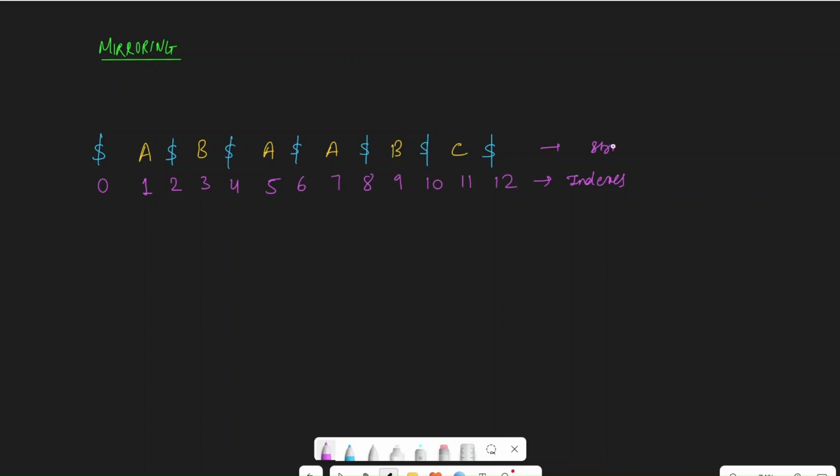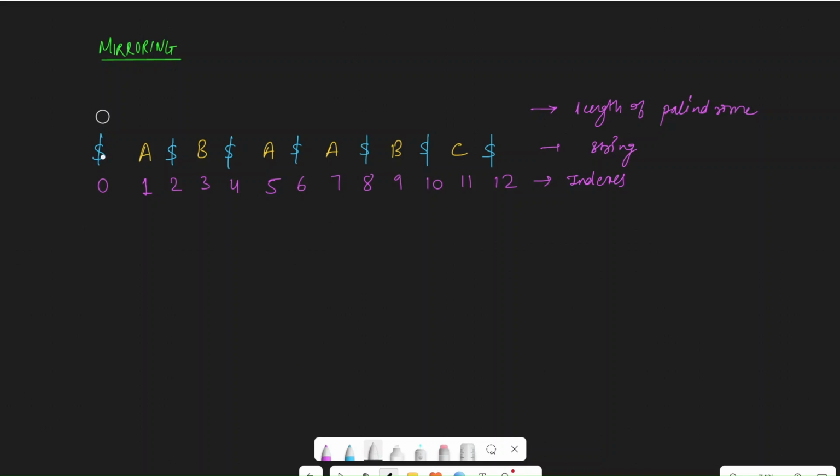This is my string, and here I will add the length of palindrome at this point, whatever length of palindrome is at each of these indexes. Now with expansion from here, let's start expanding. Can we go one left and one right? No, we cannot. This means the final length of palindrome with dollar as center would be equal to 0. So I will put 0 over here.